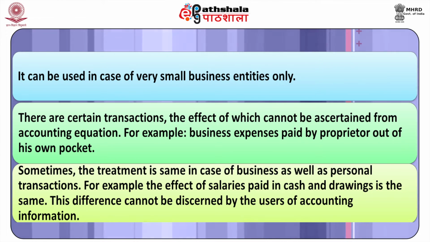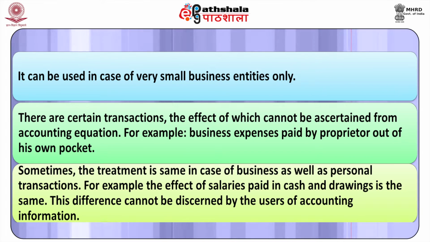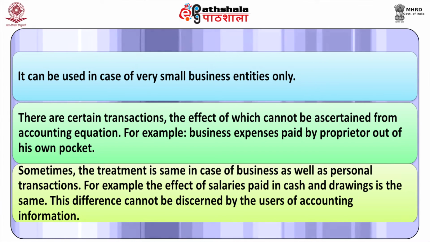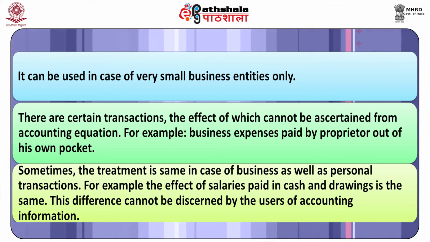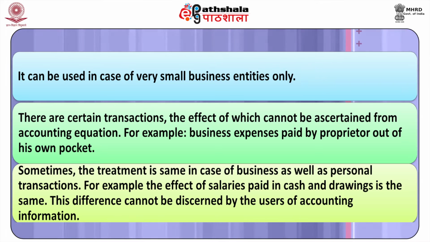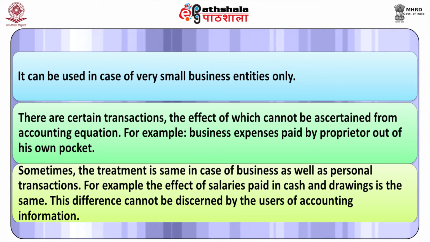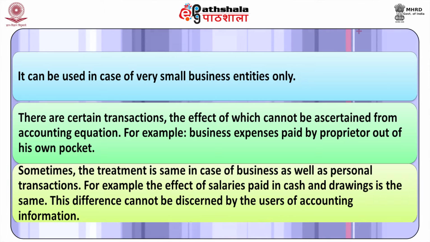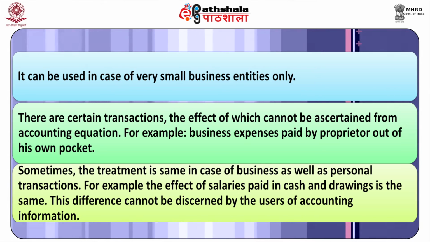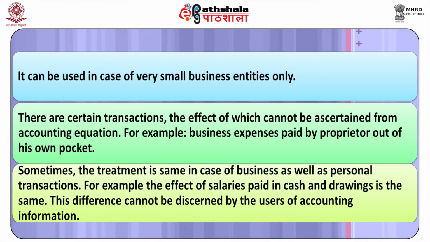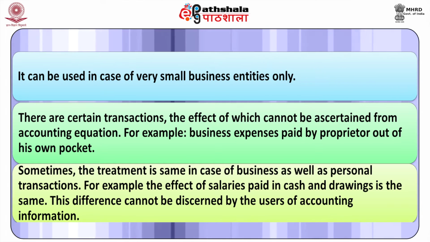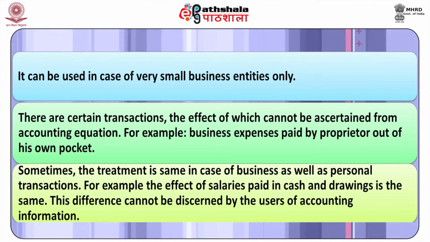First, it can be used in case of very small business entities only. Next, there are certain transactions the effect of which cannot be ascertained from the accounting equation. For example, business expenses paid by proprietor out of his own pocket.